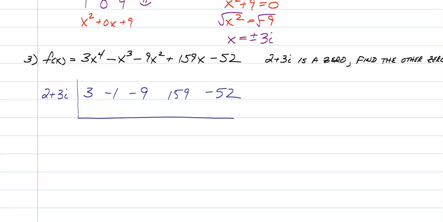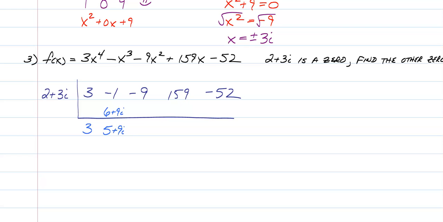Okay, bring down the 3, and you're going to multiply 2 plus 3i, and you are going to end up with 6 plus 9i, and add those together. You add your real numbers together and your imaginary numbers. So -1 plus 6 is going to give you 5 plus 9i. There were no i's to combine.